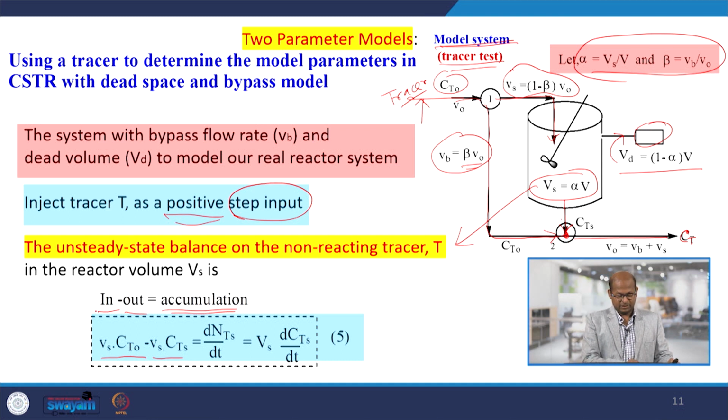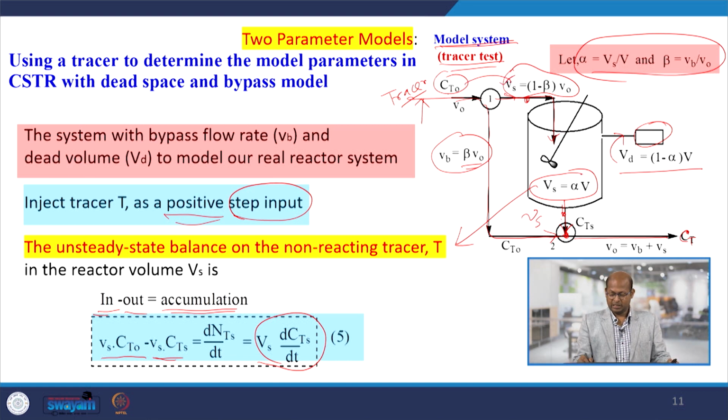This is the input, this is the output, and this is the accumulation, Vs into dCTS by dt. This is the material balance of this particular system or reactor. Here this is the inlet and this is the outlet, both with volumetric flow rate Vs, but the inlet concentration is Ct0.